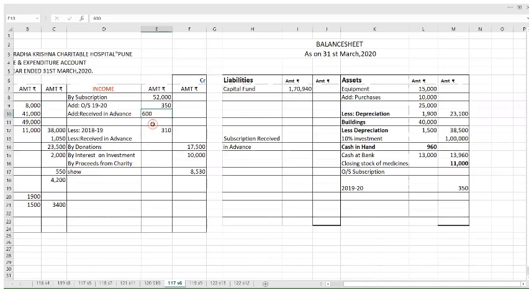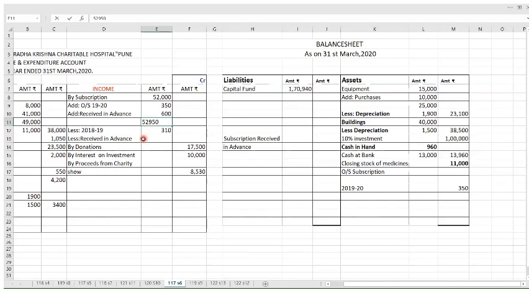So we're going to add the outstanding subscription for current year and the subscription received in advance last year. So we're going to utilize that particular amount, means that amount is received for current year. So we're going to add that amount, and we're going to put that particular amount in inner column only. So the total will be 52,950.